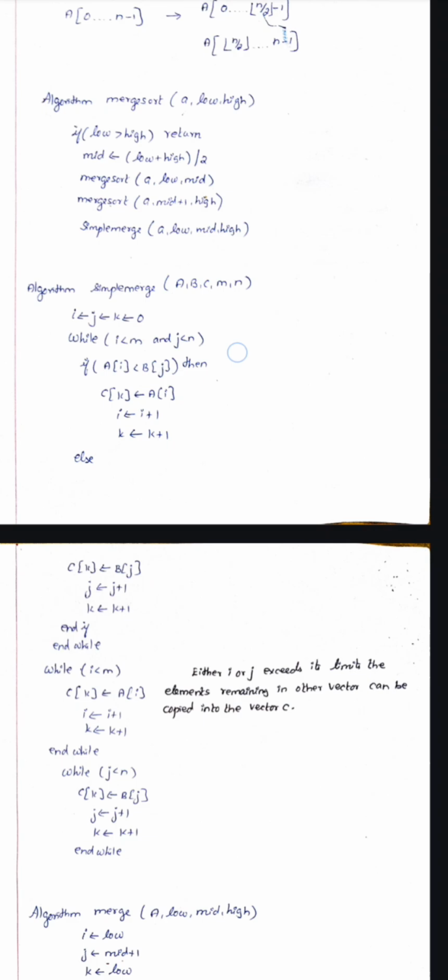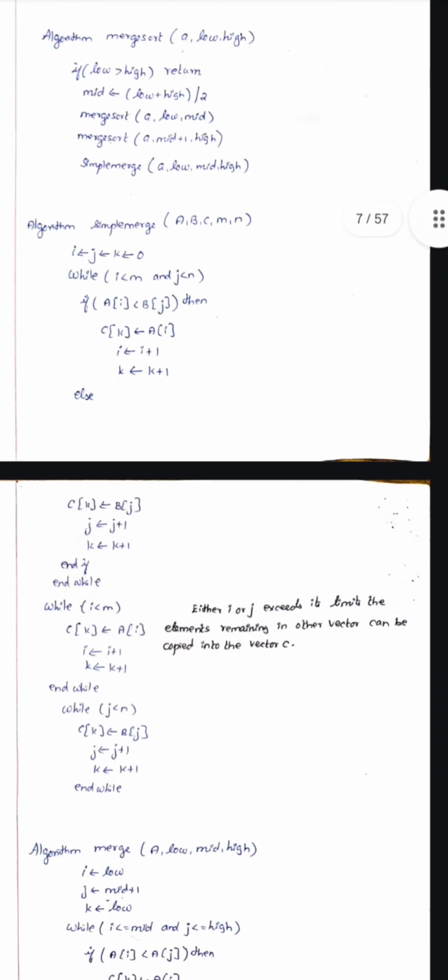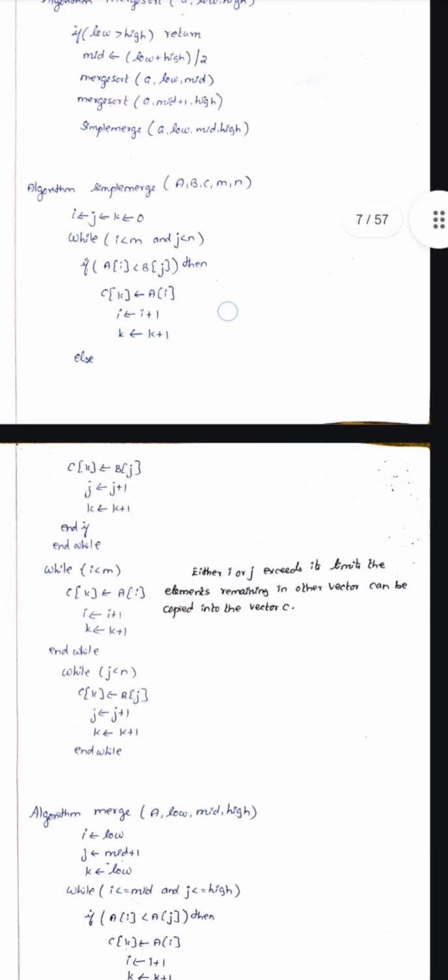If a of i is less than b of j, then c of k equals a of i, i plus 1, k plus 1. Otherwise, c of k is equal to b of j, j plus 1, k plus 1. And then, while i less than m, c of k is a of i, i equals i plus 1, k equals k plus 1.